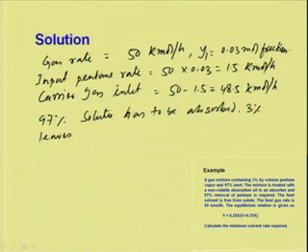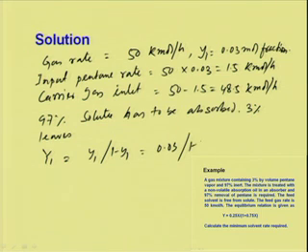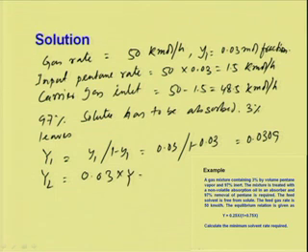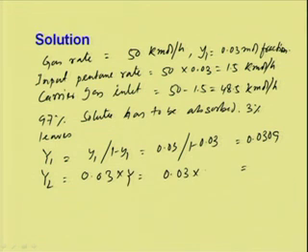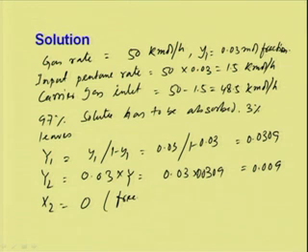So capital Y1 is y1 by (1 minus y1), which is 0.03 divided by (1 minus 0.03), which is 0.0309, and Y2 is 0.03 times Y1, which is 0.03 times 0.0309, equal to 0.0009, and X2 is 0, free from solute.